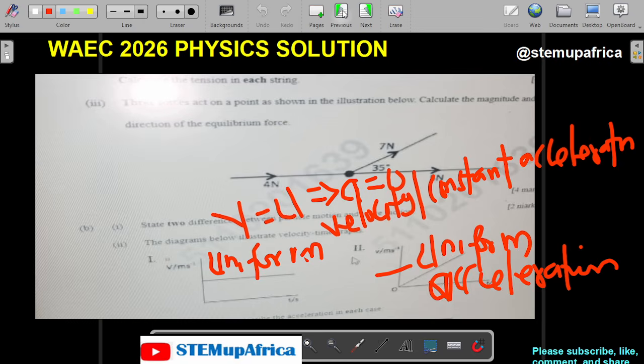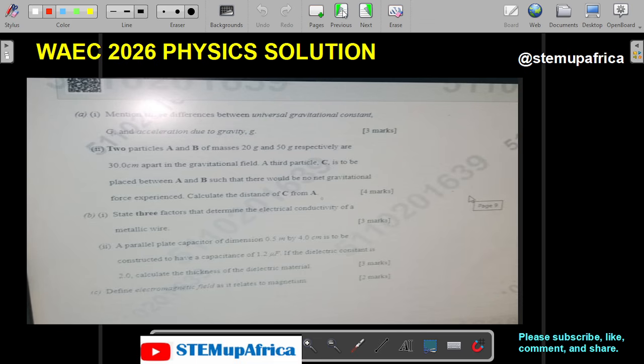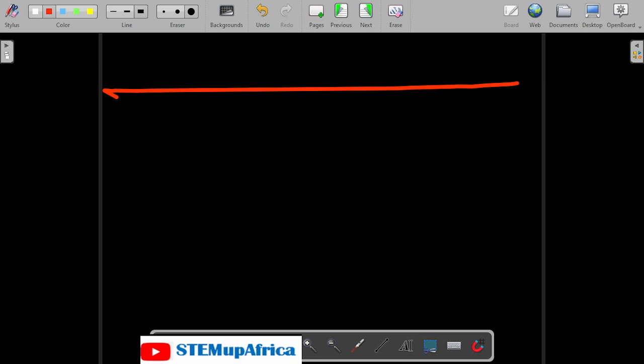So let's see the next question. I can't see this question clearly, but it says: mention two differences between universal gravitational constant and acceleration due to gravity. You can put that in a tabular form.